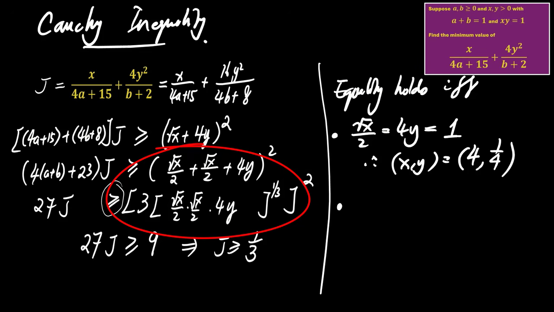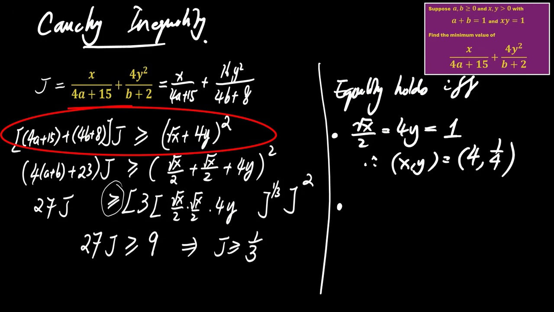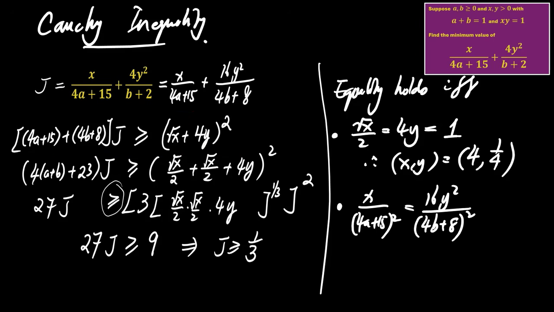The other equality holds if and only if x over 4a plus 15 squared equals 16y squared over 4b plus 8 squared. And now we know that x has to be equal to 4 and y equals 1 over 4.